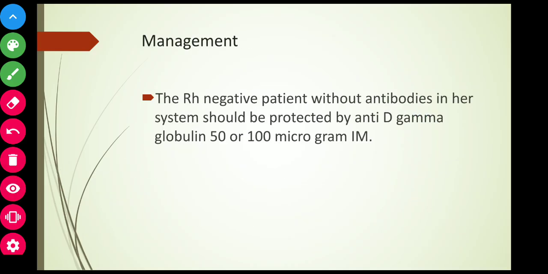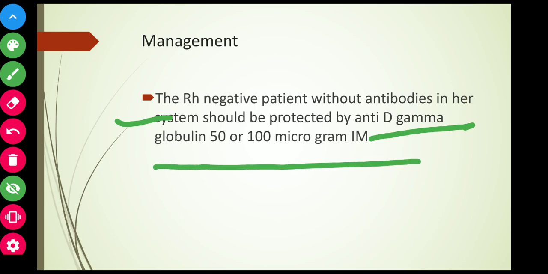Next we will see management. Here all the conceptual material has been expelled out in complete miscarriage. Especially an Rh negative patient without antibodies in her system should be protected by anti-D gamma globulin, 50 to 100 microgram intramuscularly. In early or late miscarriage, it can be given within 72 hours.